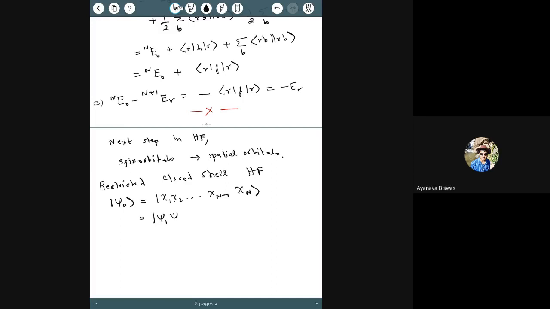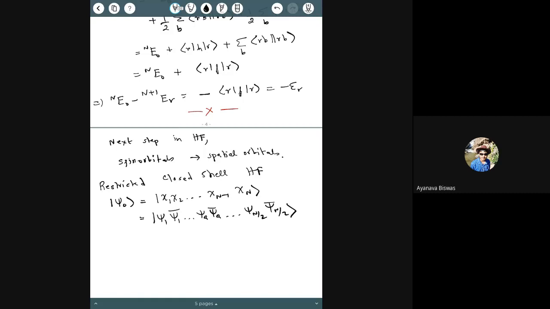And if the spatial part is psi1 and the spin part is beta, you put a bar. Probably comfortable with this notation after all the assignments. So this is a way of representing the determinant.